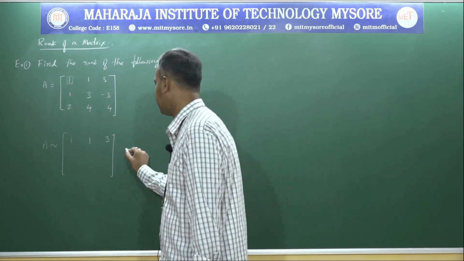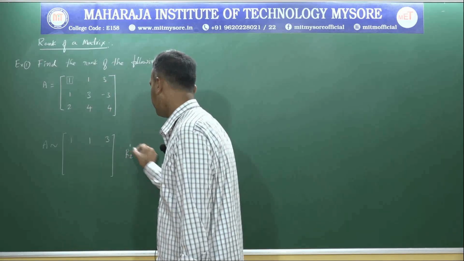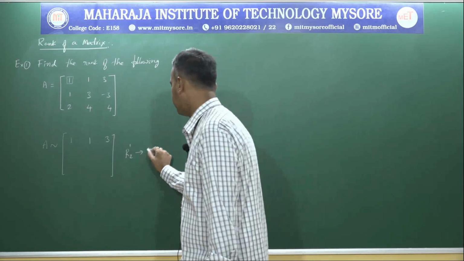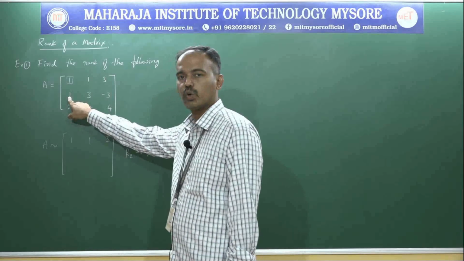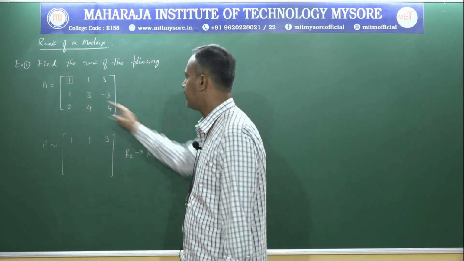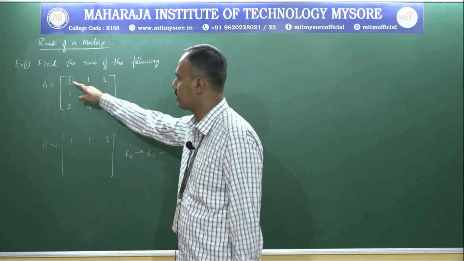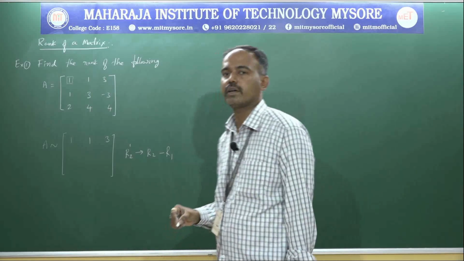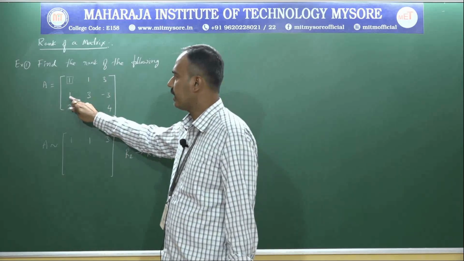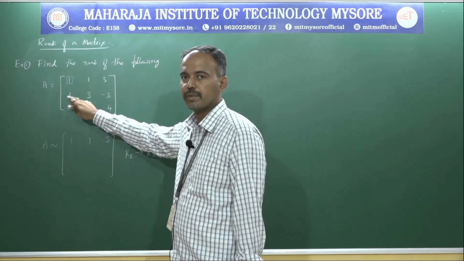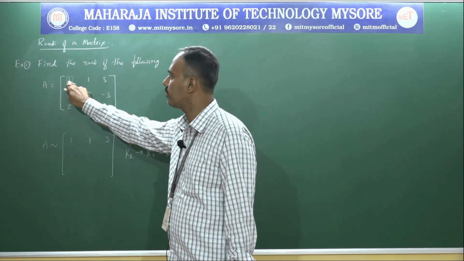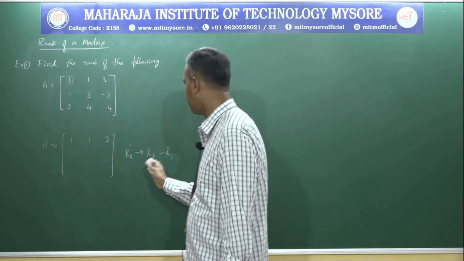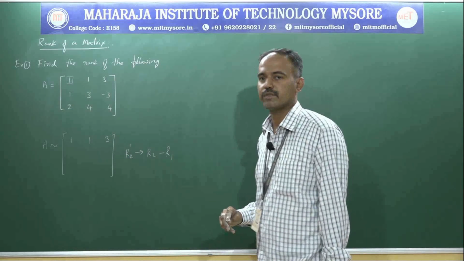Apply the transformation so that R2 dash changes to R2 minus R1, because with the help of the first row's first element 1, 1 minus 1 gives 0.